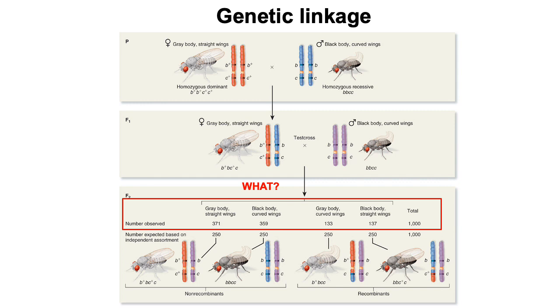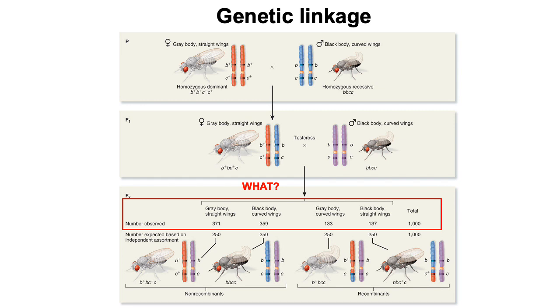And if we look carefully at this, the other thing that is important to notice is which of the phenotypic classes seem to be overrepresented and which seem to be underrepresented. Well, the ones that are over 250 are the gray body straight wings and the black body curved wings. Those are the same phenotypes as what we observed in the parentals, right?